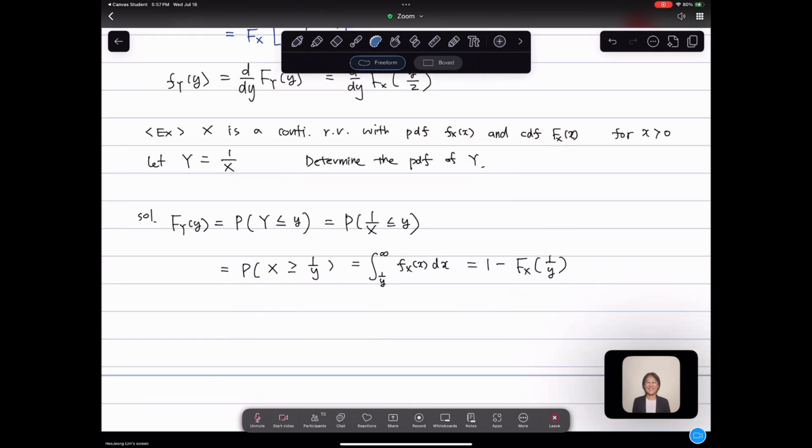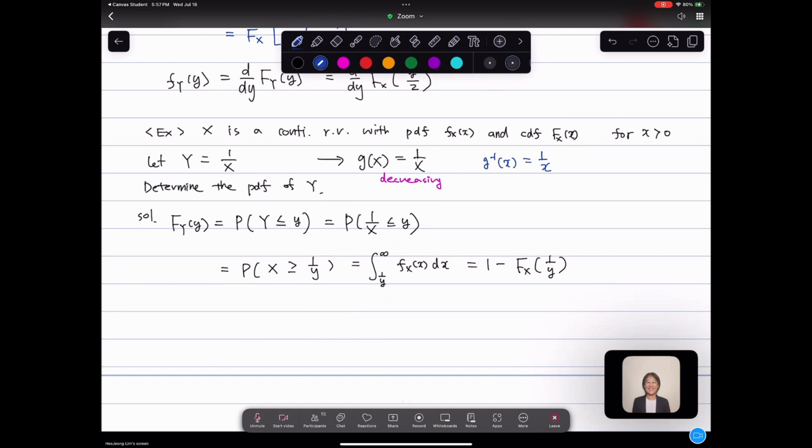Your g of x is 1 over X, for X positive, which is a decreasing function. If I look at the inverse of that function, the g inverse, it should be 1 over x. So that's exactly what we have gone through in the process.